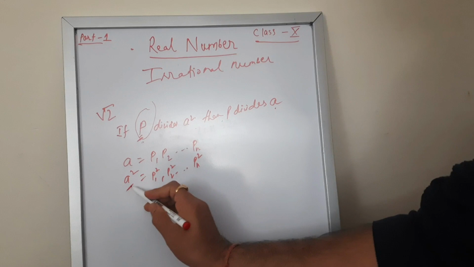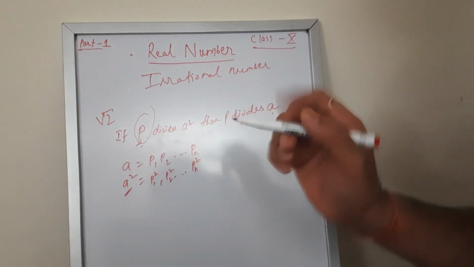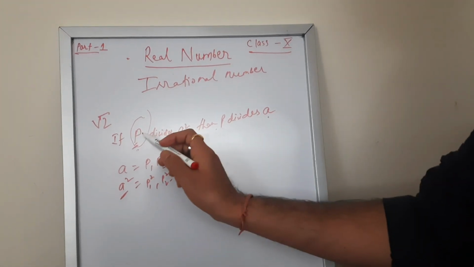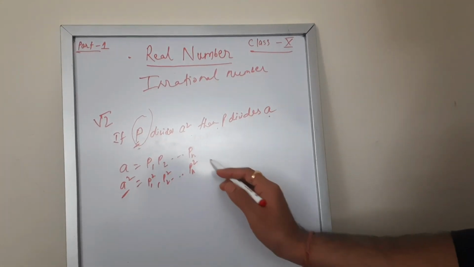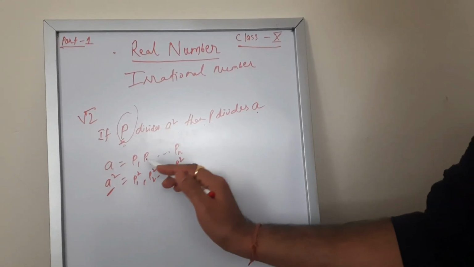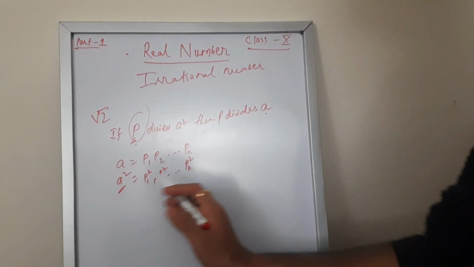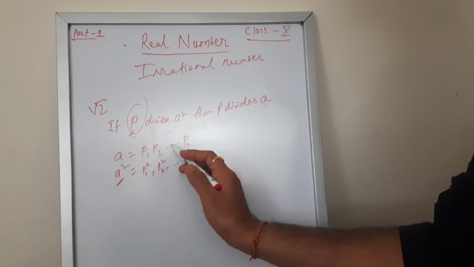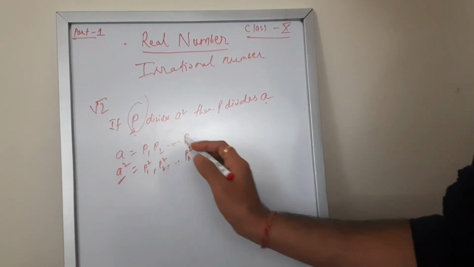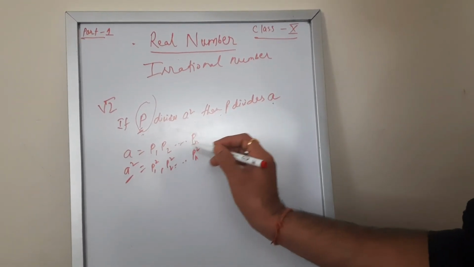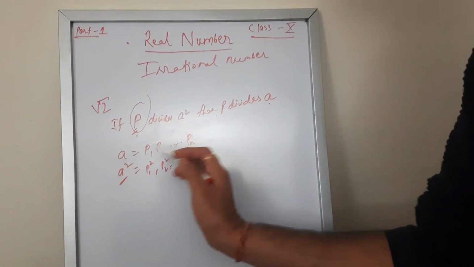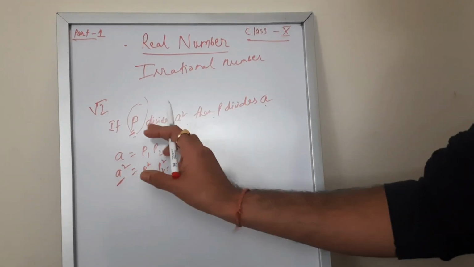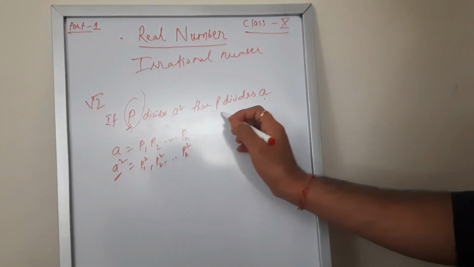It means this a square is divisible by p. That clearly identifies that this p is a member of one of these p1, p2 up to pn. It means that p is somewhere here. That's why it's dividing a square. And since it's dividing a square, p is one of the factors in this product. Hence we can say that p divides a because p is here, somewhere here. Okay. So now we are clear that if p divides a square, then p divides a.